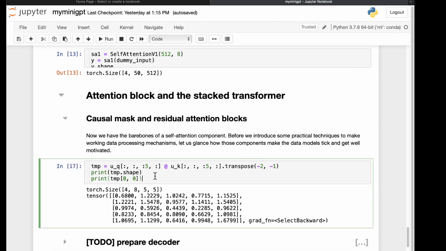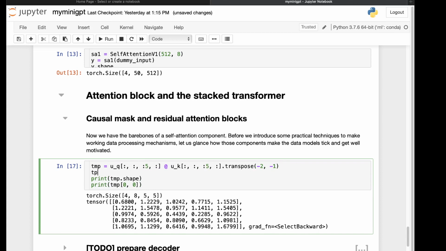Okay, this is what we do. I do it in 2 steps. Scored.